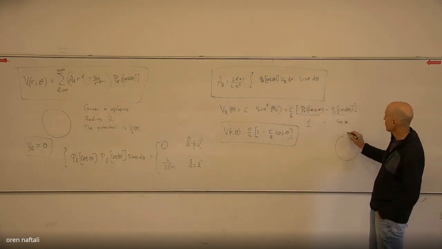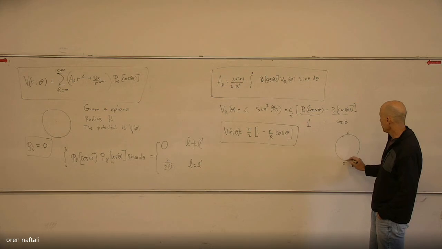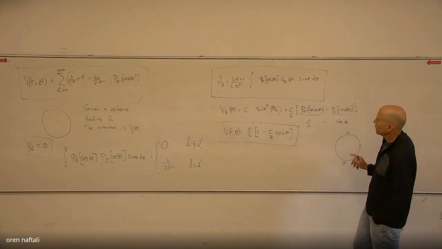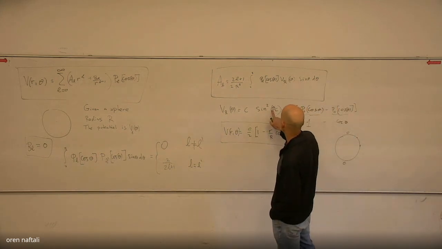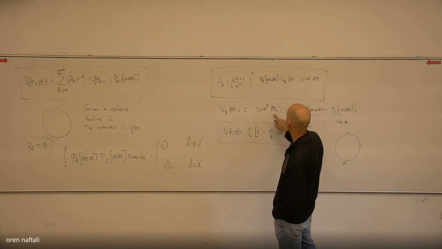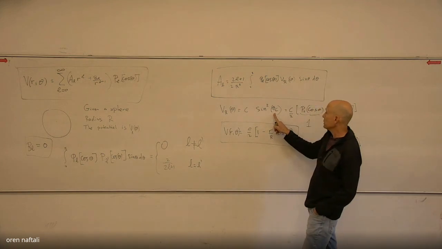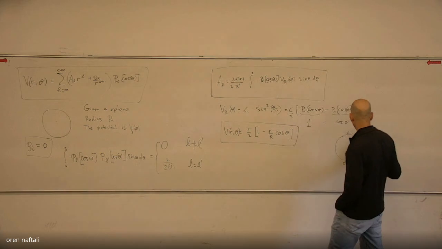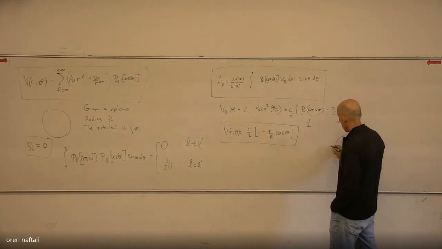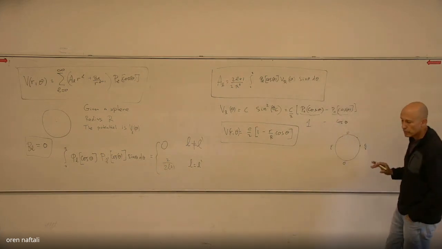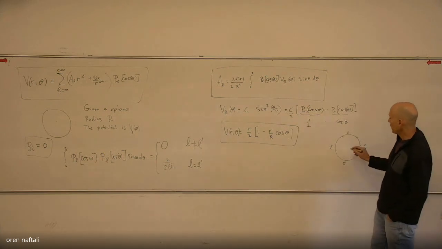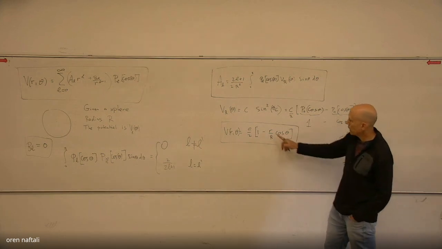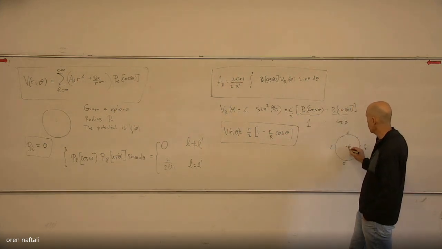Here it's 0, and here it's theta over 2, that is 45 degrees actually, which means this is a half, so here it's C over 2. So it's not a trivial potential, and we are looking inside. What happens here in the middle? Well, you just take r equals 0, so here it's C over 2.